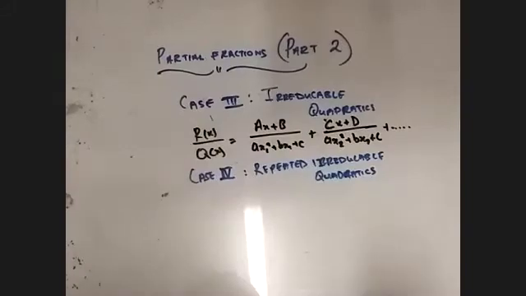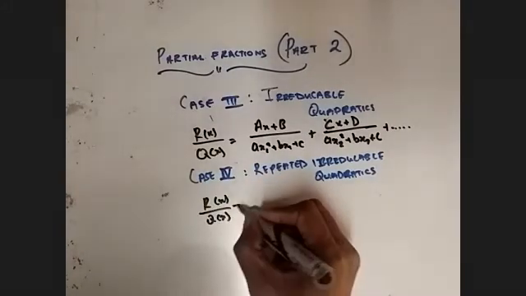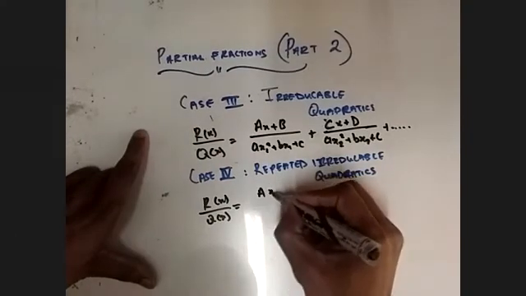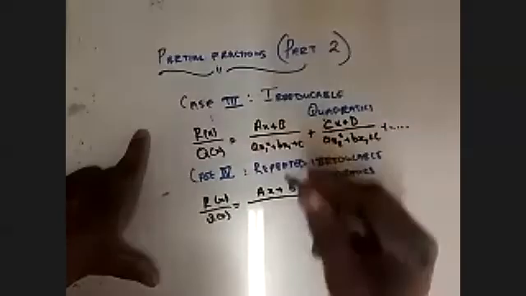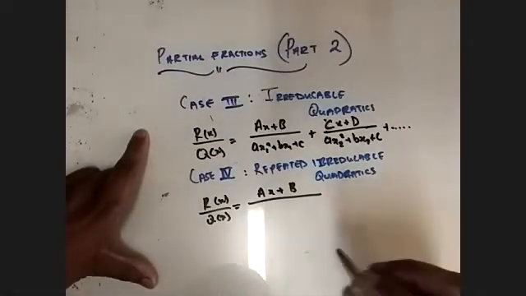In this case, we are given a rational function R(x) over Q(x), given by two polynomials, and we're going to have a similar pattern, but with a slight difference.